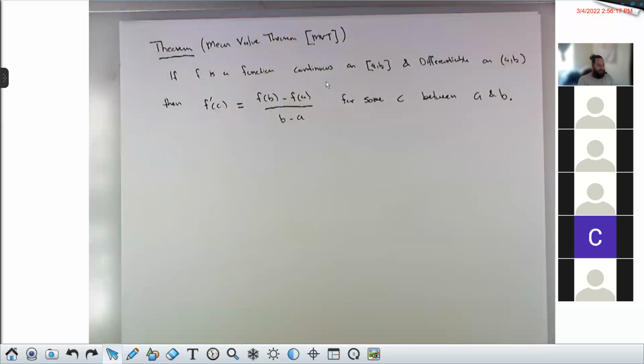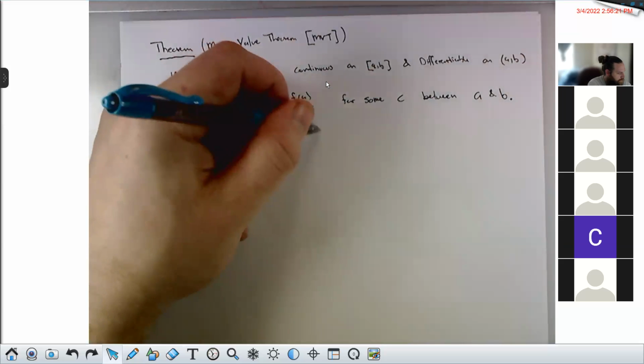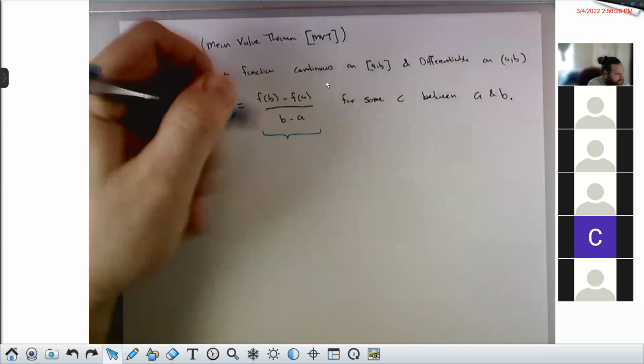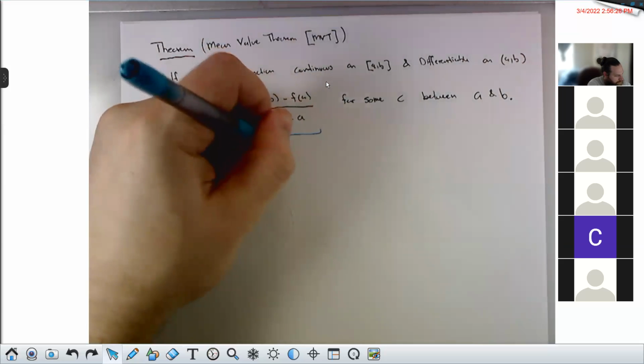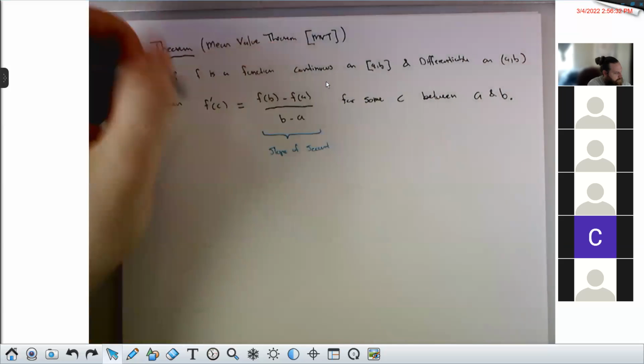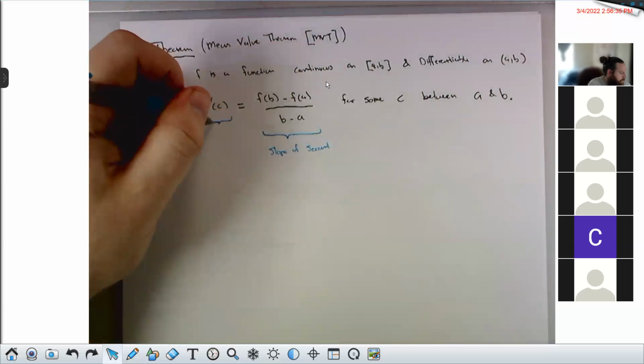And the trick to understanding this is to interpret the right-hand side of this equation as a secant slope. Of course, f'(c) is a tangent slope.